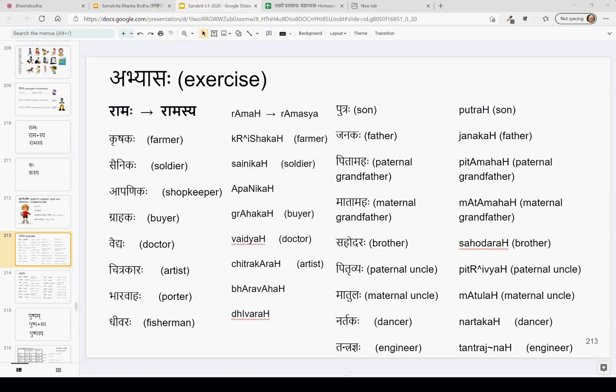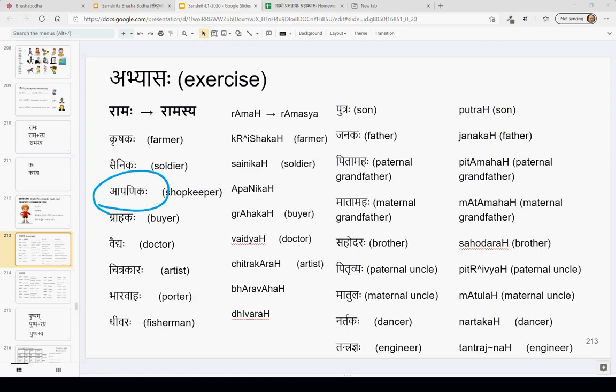Oh, sorry. Pardon me, I was looking away. What are we doing? We are doing some exercise here. Just now we said, apanika, take one word, and what is the sixth case ending, Shashti Vibhakti form of that. So it was apanikasya.